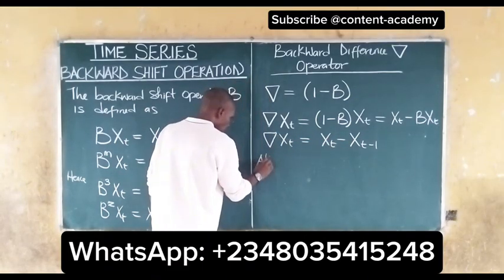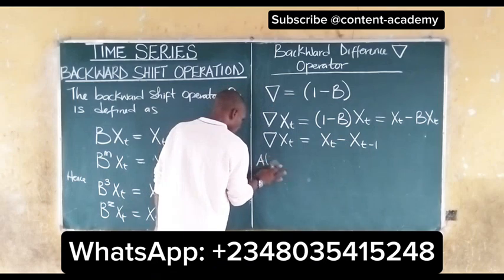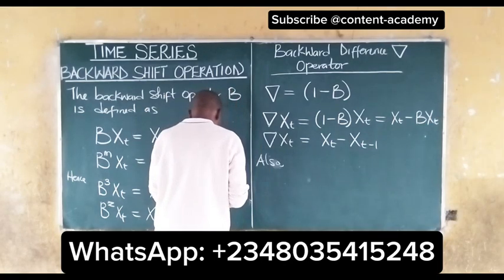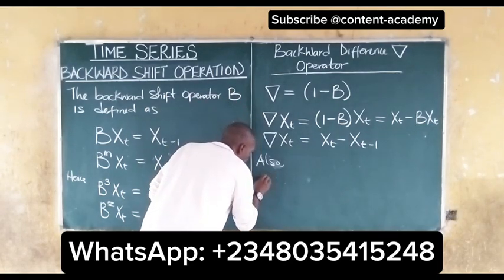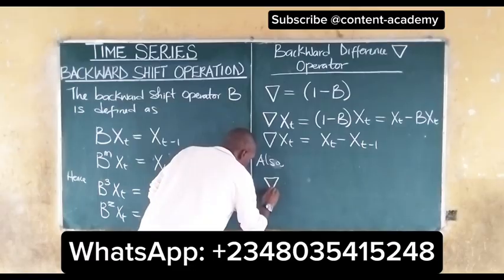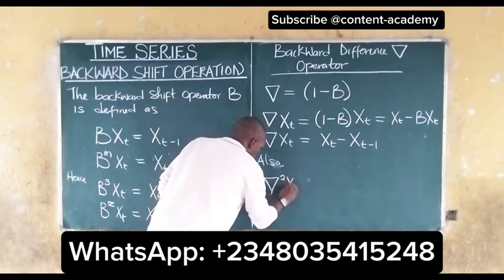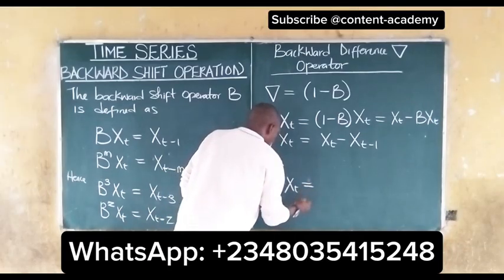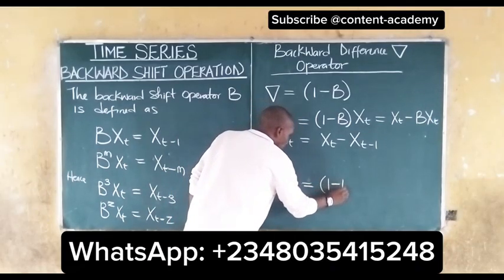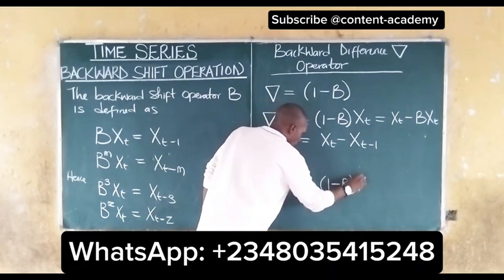Also, we take another one. If we have an operator of this form acting on X_t, it simply means (1 minus B) X_t.